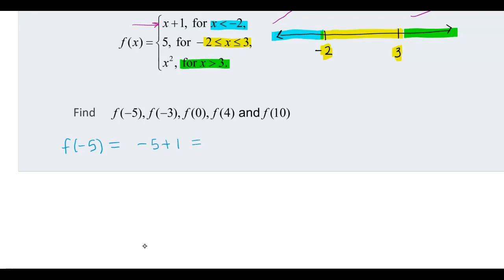So our answer there, the value will be negative 4. For f of negative 3, we're also still in that same function. So we'll use negative 3 plus 1, or x plus 1, and we'll get negative 2 for our output. This means that some of the points on the graph are (-5, -4) and (-3, -2).